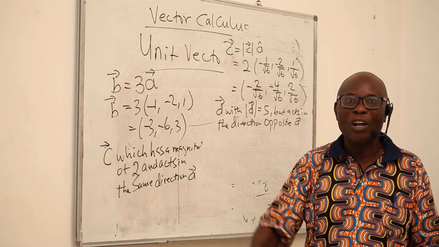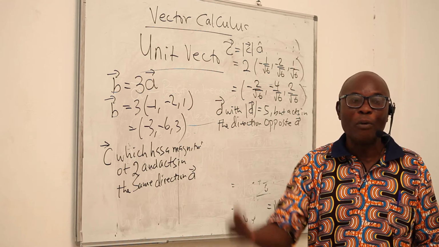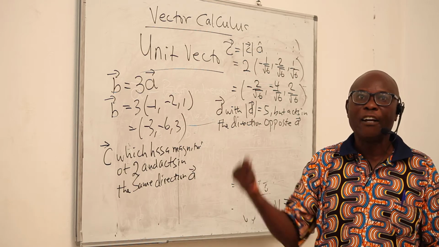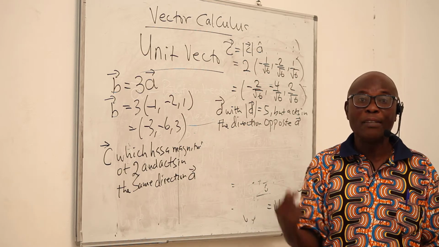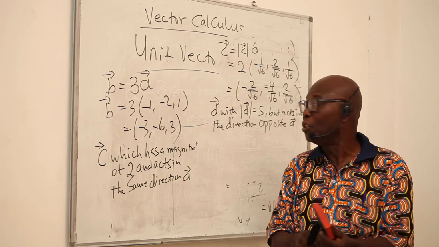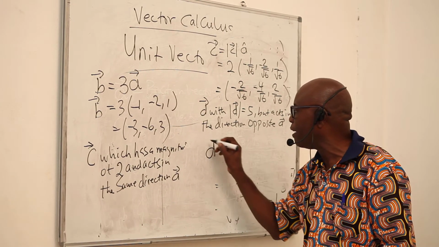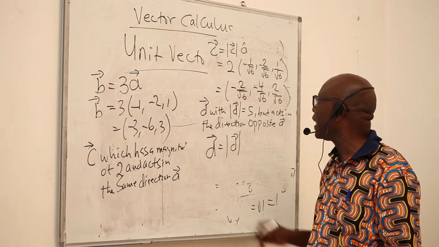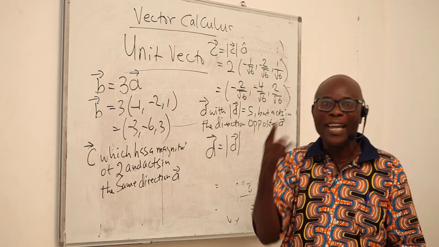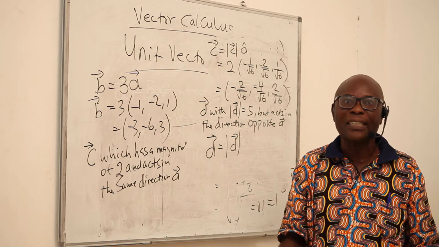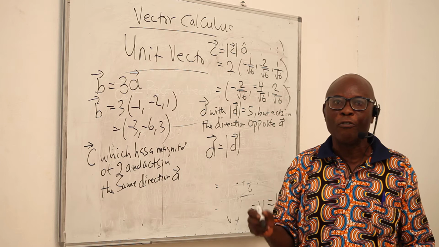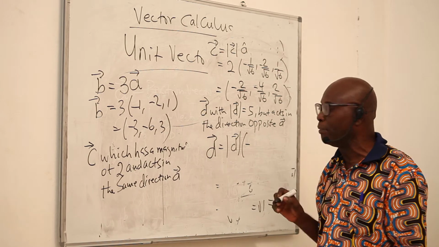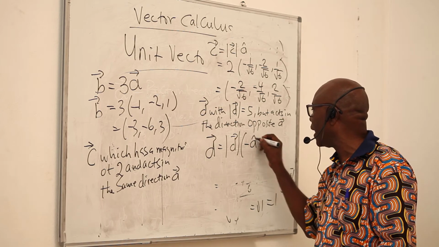We have been given the magnitude, but we are told that that vector acts in the direction opposite vector A. Opposite means that they have different signs. So it's easier calculating vector D, which is the magnitude of D which has been given, times the unit vector of A. But since we are told it acts in the opposite direction of A, then the unit vector of A will be multiplied by negative, negative A hat.